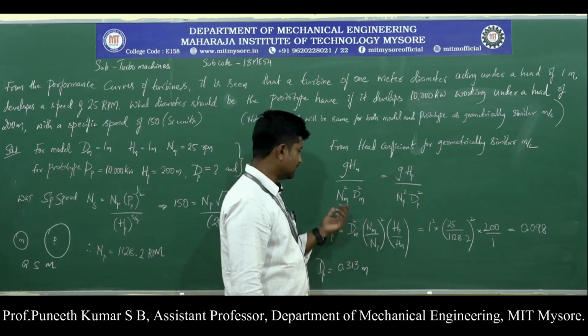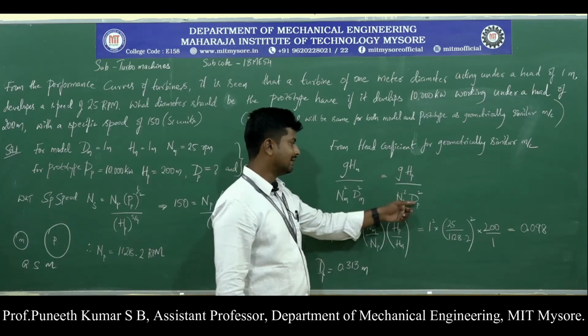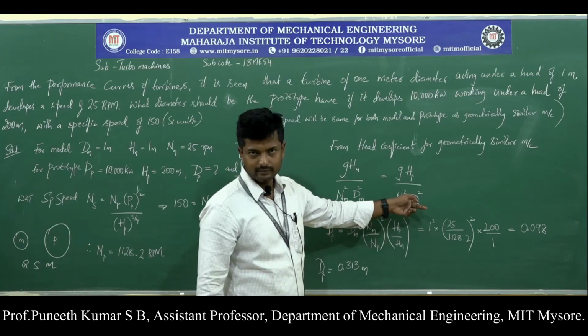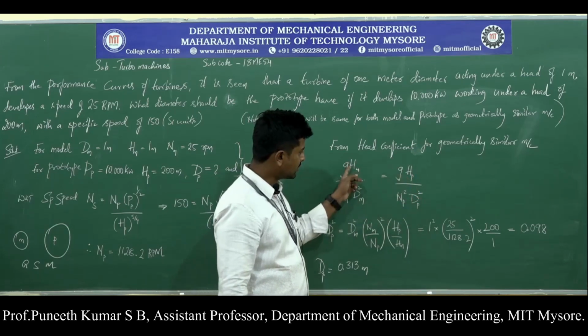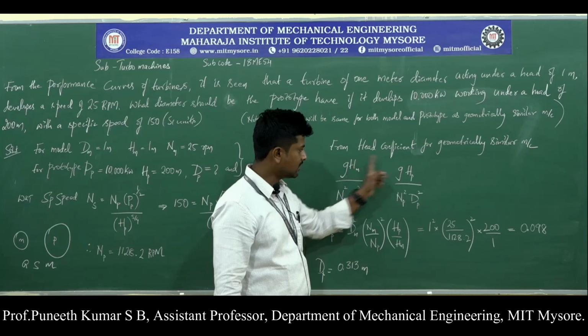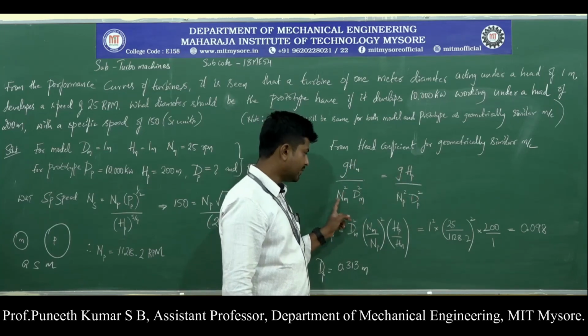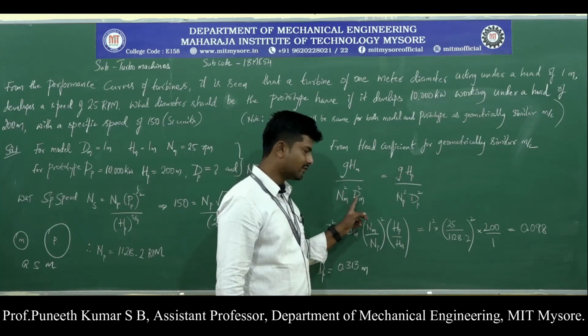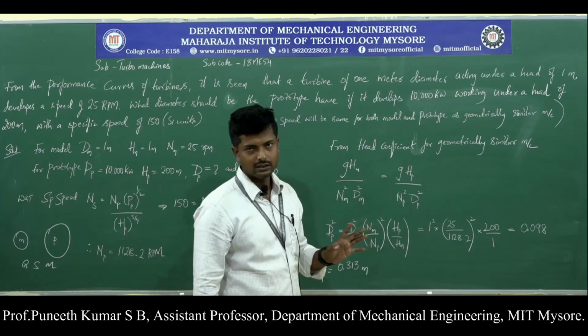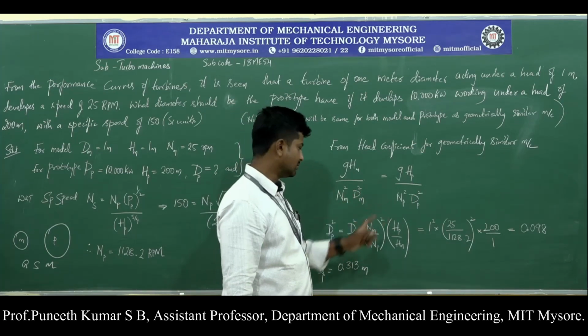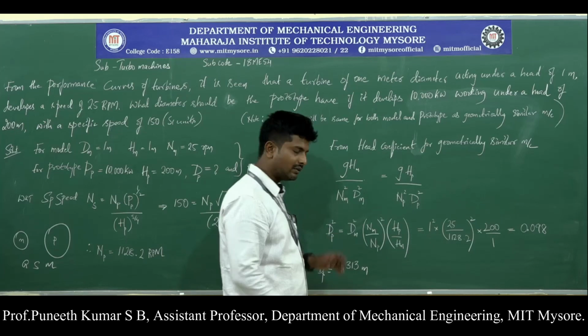Solving this, the only unknown is the diameter of the prototype. The rest of the terms, that is head of the model, head of the prototype, speed of the model, diameter of the model, everything else is known. So the only unknown is the diameter of the prototype.